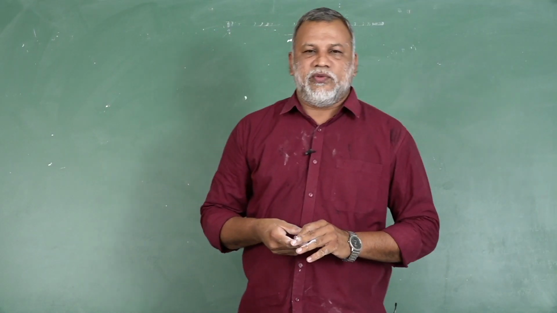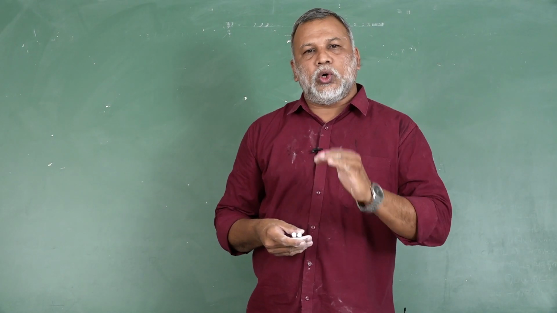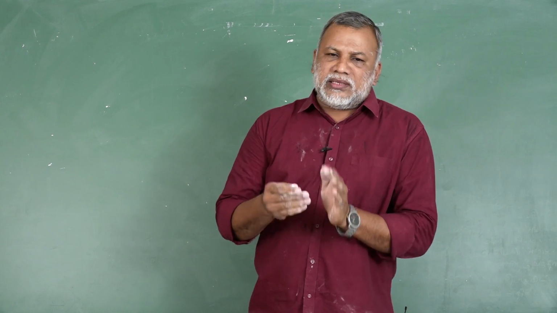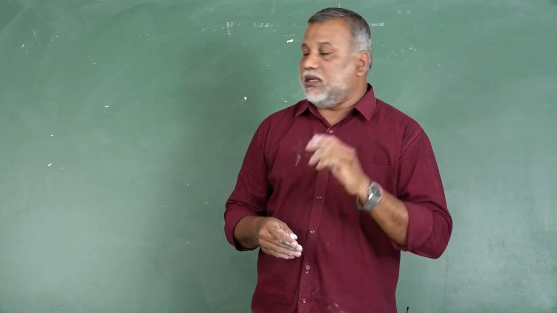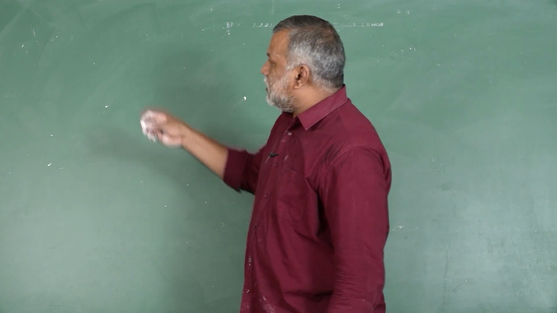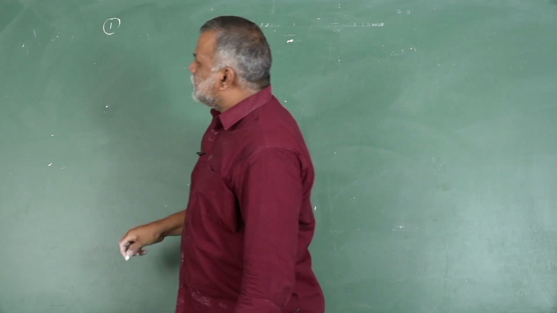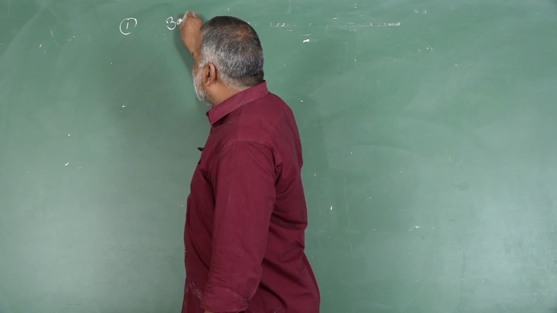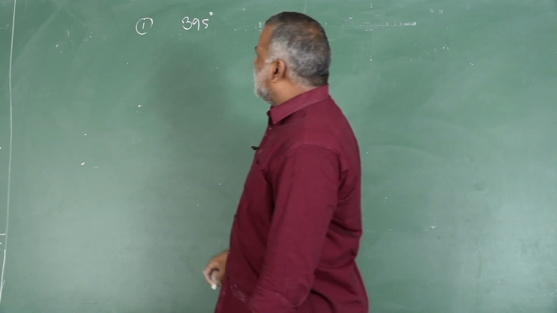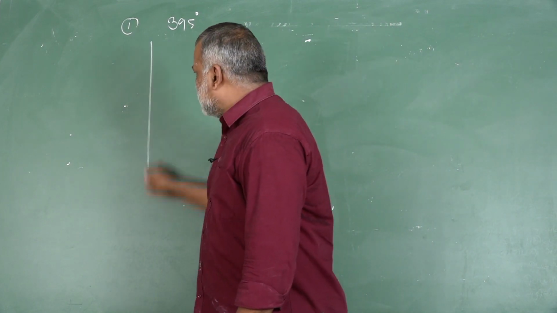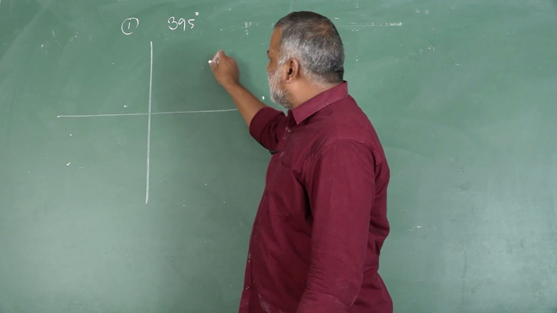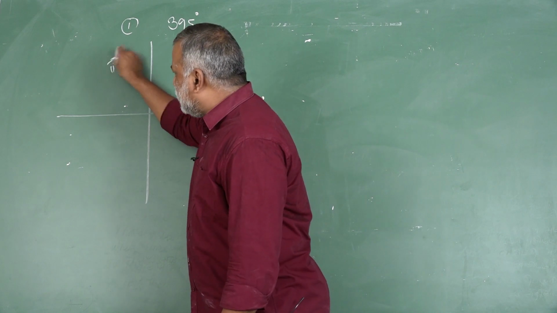Listen students, we already discussed coterminal angles. Based on that concept, we are going to see some problems based on the coterminal angle. Question number 1: 395 degree. We are going to select the quadrants as usual: 1, 2, 3, 4.